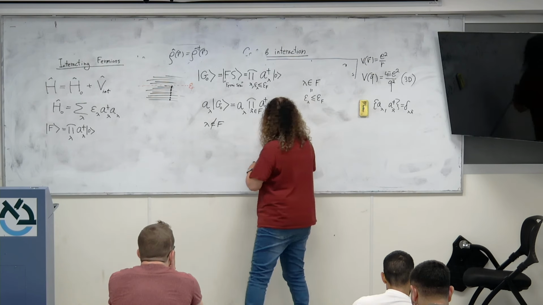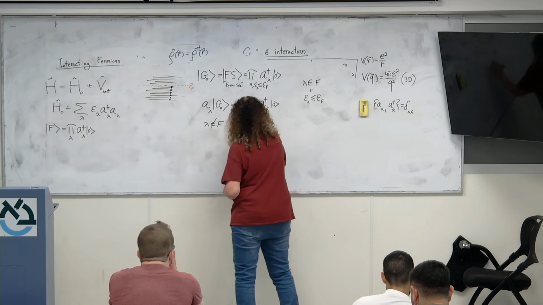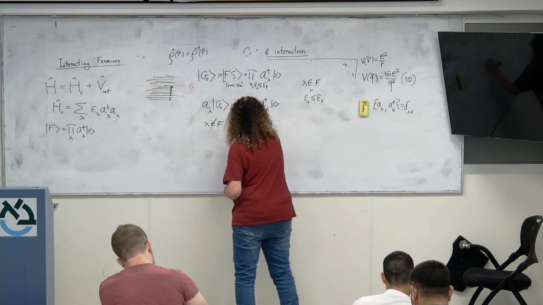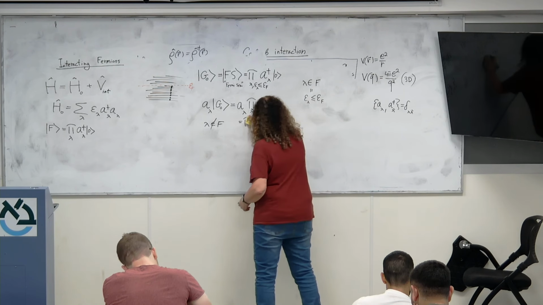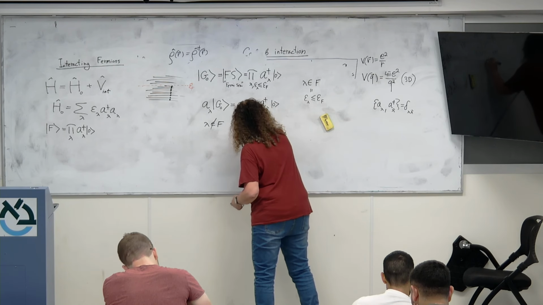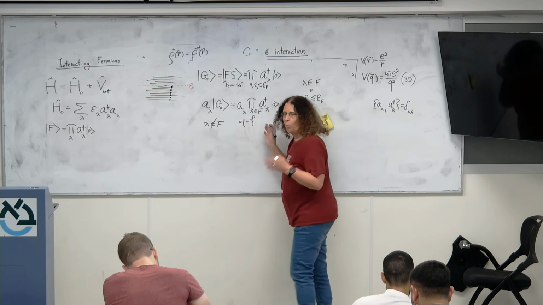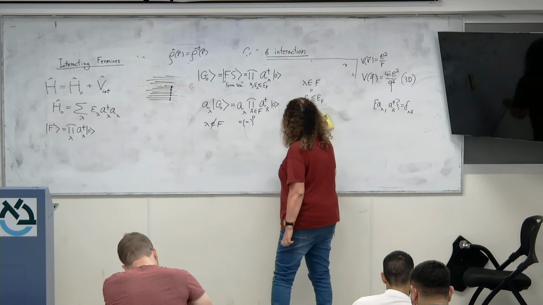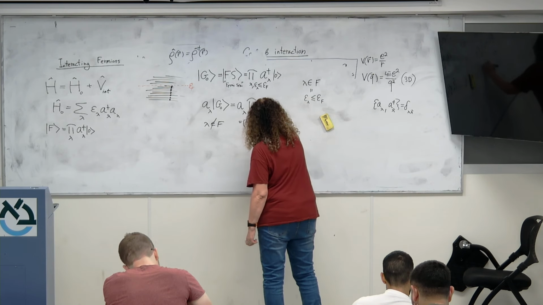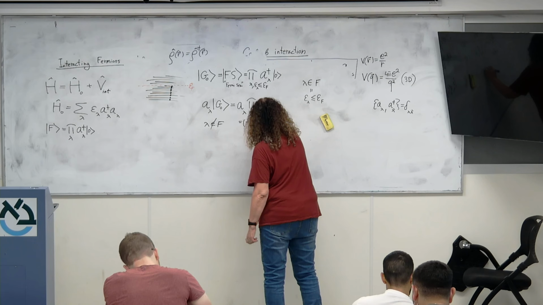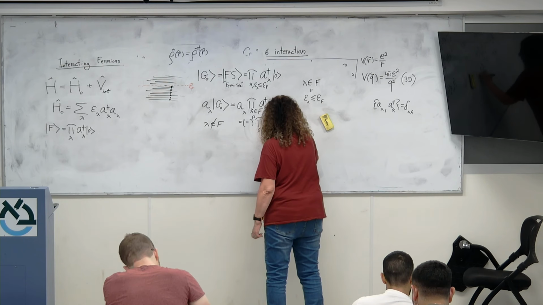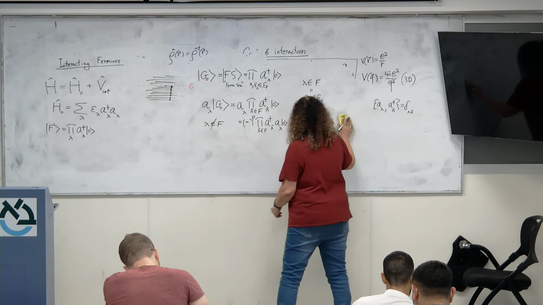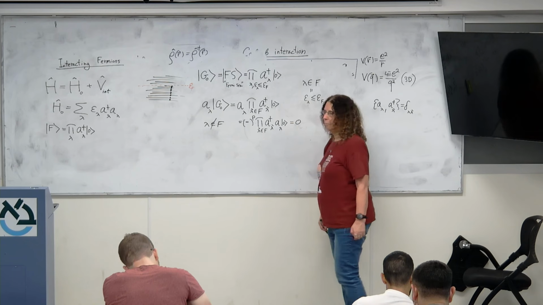Okay, so in other words, let me write it explicitly. To be most general, you get a minus to some permutation. This is just a phase factor, and then you get a product of all these lambdas, A lambda prime dagger and A lambda on the vacuum, and this is 0.